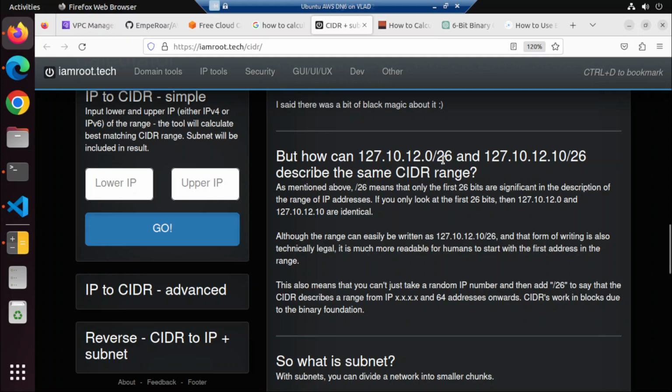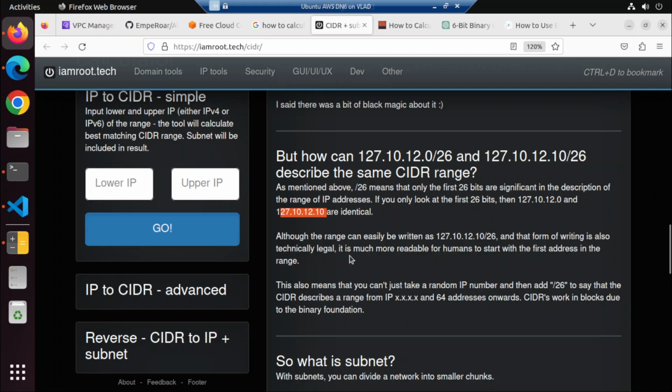But how can this one and this one describe the same CIDR range? As mentioned above, slash 26 means that only the first 26 bits are significant in the description of the range of IP addresses. If you look at the first 26 bits, then this one and this one are identical.